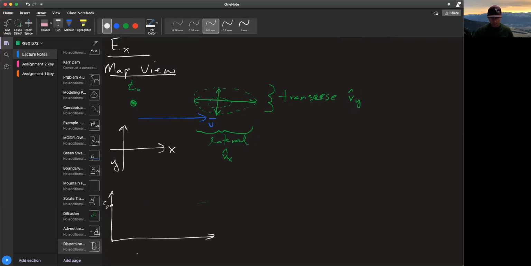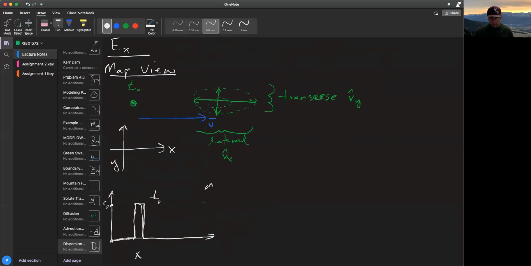My constant, and this is the x direction. My concentration profile would look like this. Come up to C naught, right over our point, and then it'd come right back down. Right, so this is at T0 at our initial place.